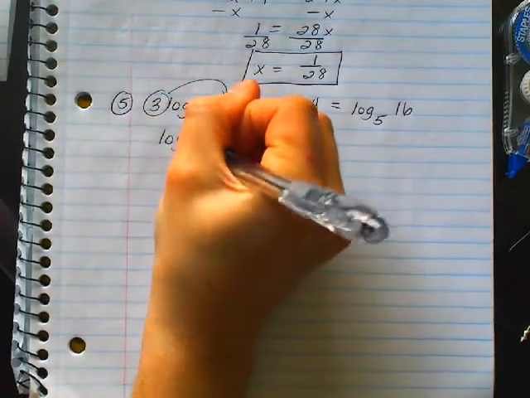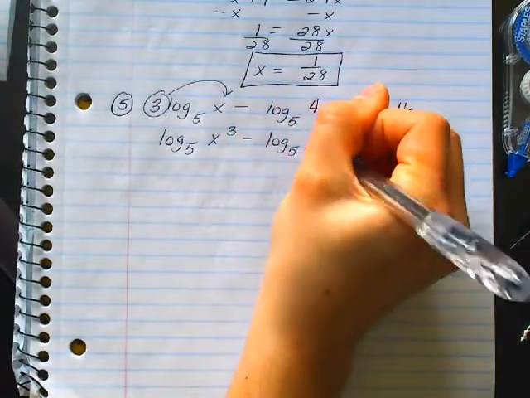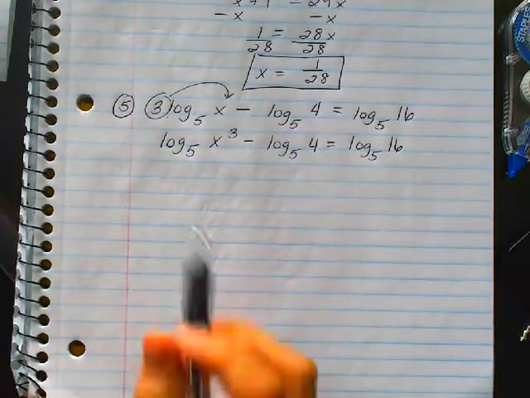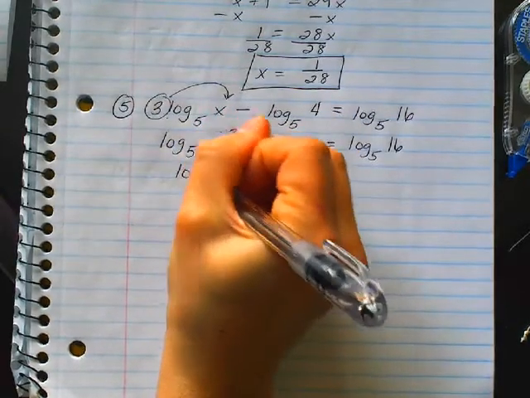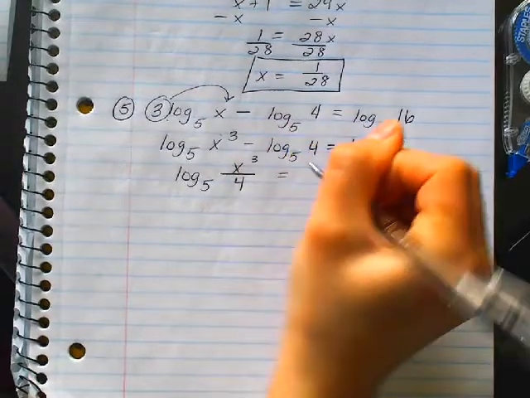So I'm going to rewrite that: log base 5 of x to the third power minus log base 5 of 4 equals log base 5 of 16. And then I can condense my two logarithms here by dividing their arguments. We've got a subtraction problem, and we can turn subtraction problems into division problems.